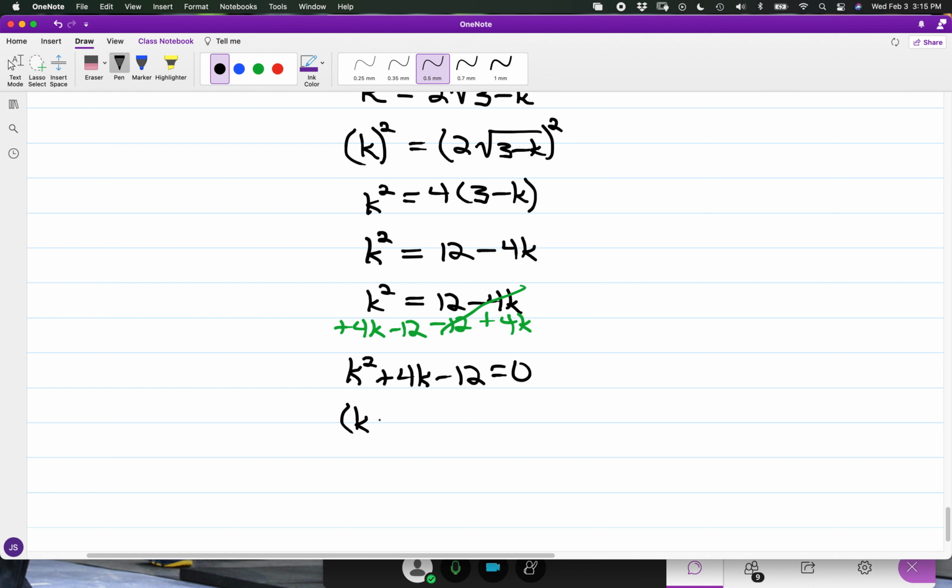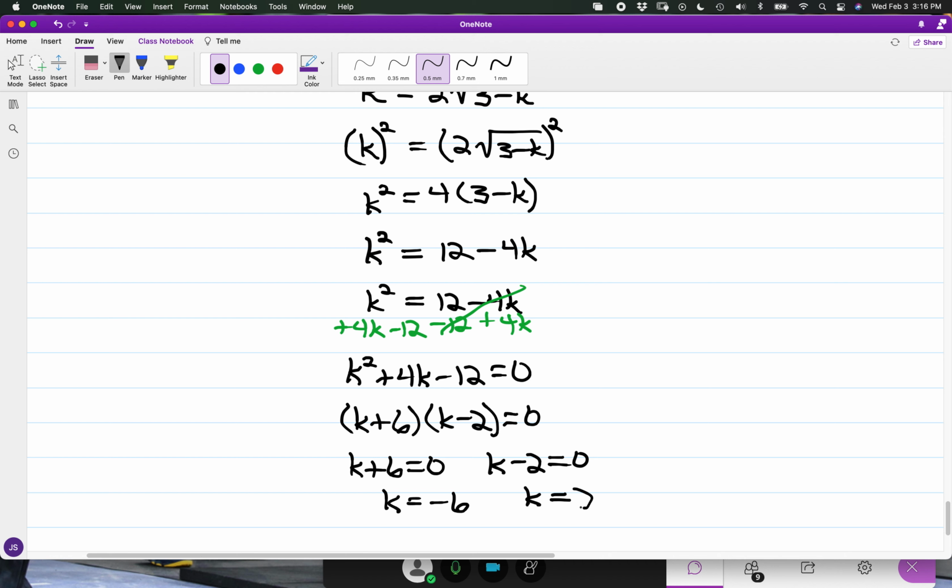And with factoring, we have k plus 6 and k minus 2. And setting each of the factors to 0: if k plus 6 is equal to 0, we have an apparent solution with negative 6. And if k minus 2 is equal to 0, we have another possible solution with 2.